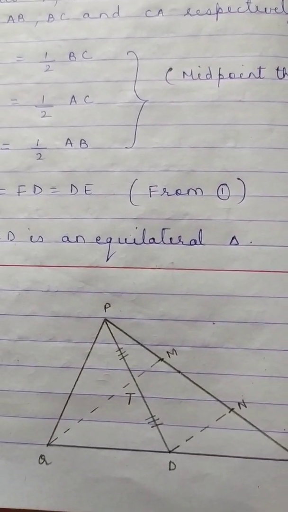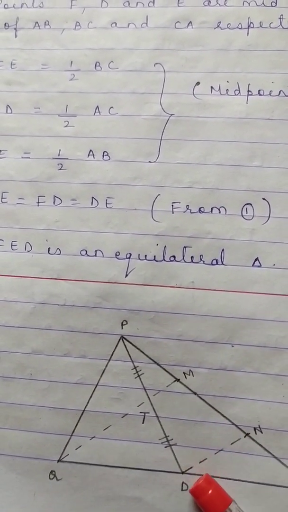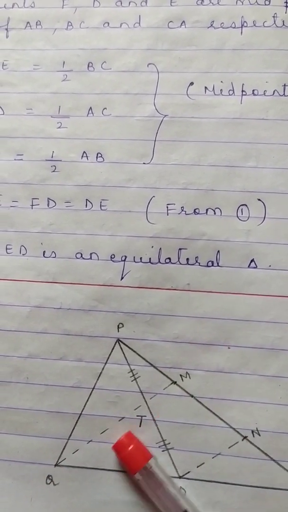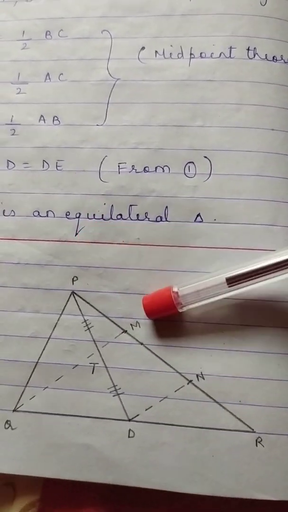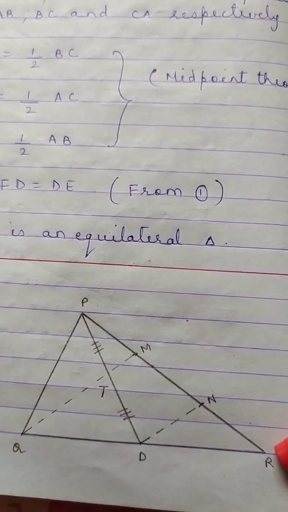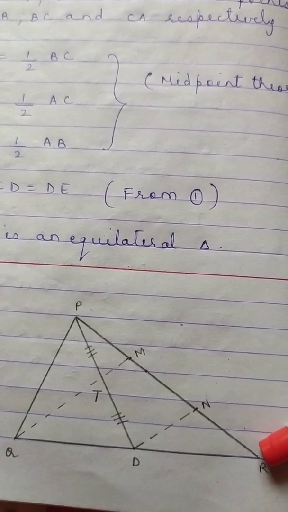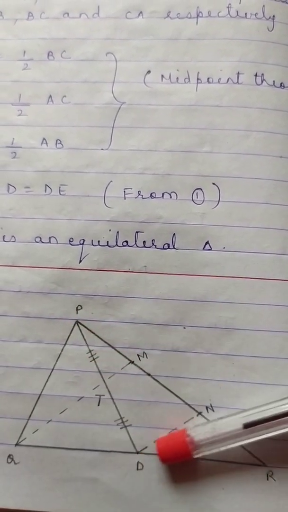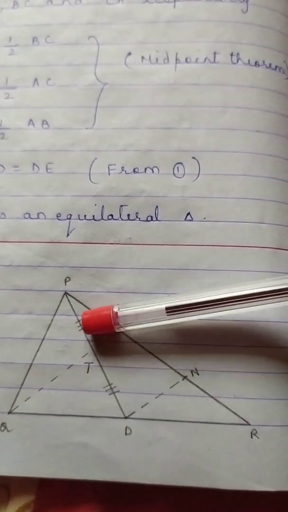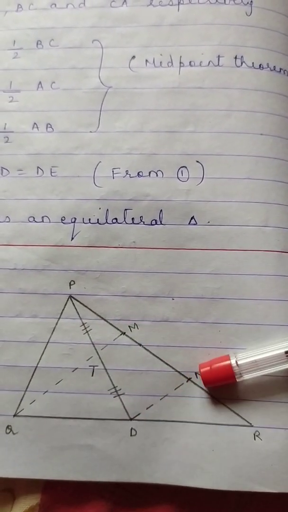Now for construction, what we'll do is we will draw DN which is parallel to QM, in such a way that P, M, N, R all these 4 points lie on a straight line. Now what you will do is you will consider this triangle PDN. T is the midpoint of this side PD. We know TM is parallel to DN.